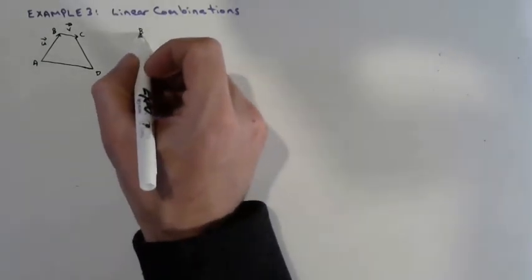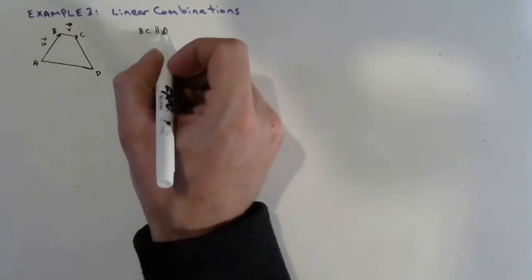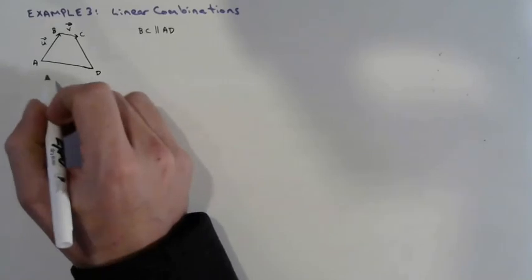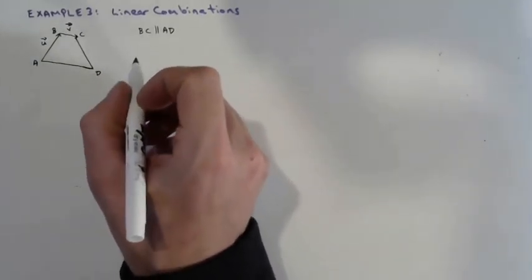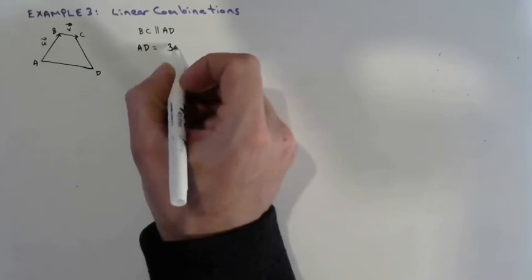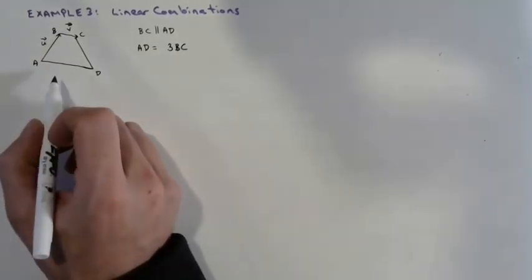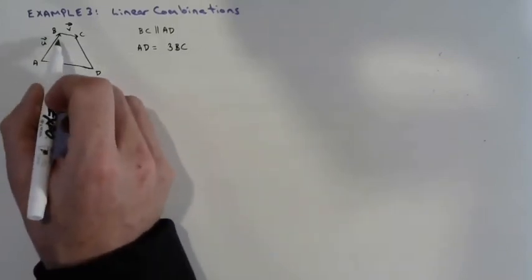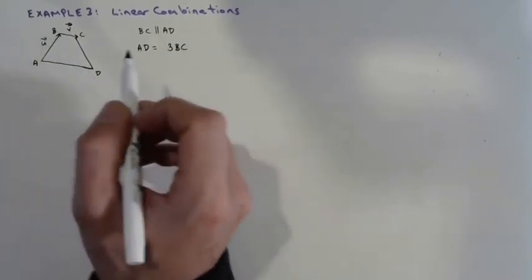Okay, we have trapezoid ABCD, and we are told that BC is parallel to AD, so vector V is parallel to line segment AD. We are also told that AD is 3 times BC. So AD has a scalar multiple of 3 times the vector V there.